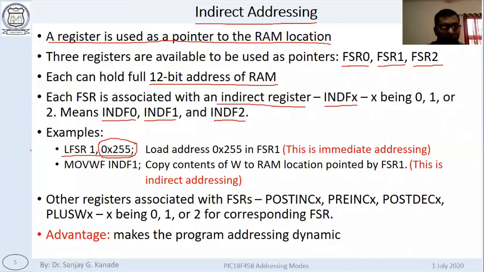What we do, in the first instruction, is load the full address of the RAM location in any of the FSRs. For example, here I am loading the address 255 in FSR1. After execution of this instruction, the address 255 will be in FSR1.